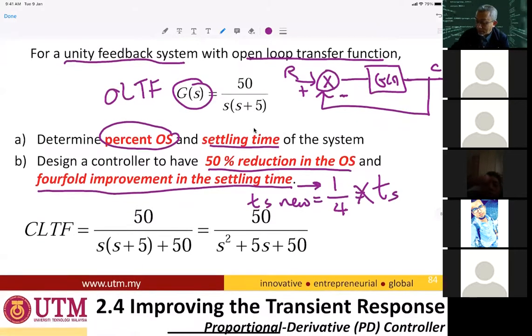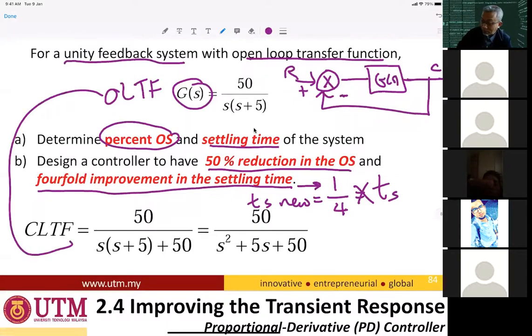Okay, so you are given this open loop transfer function, then you derive the closed loop transfer function. So you will get 50 over s squared plus 5s plus 50.